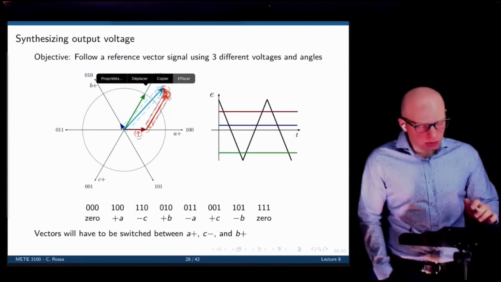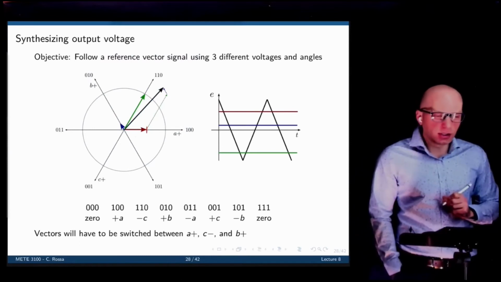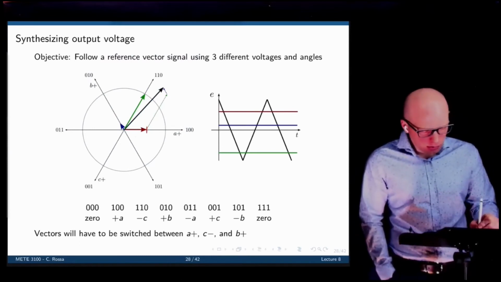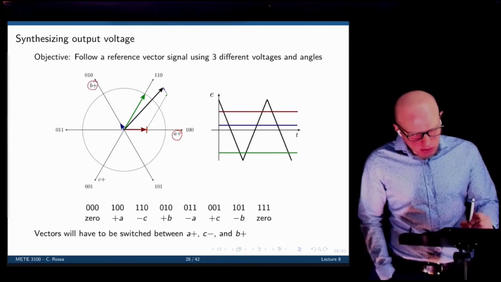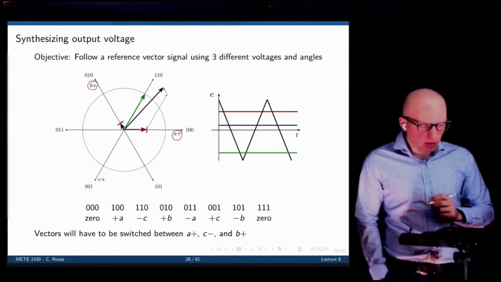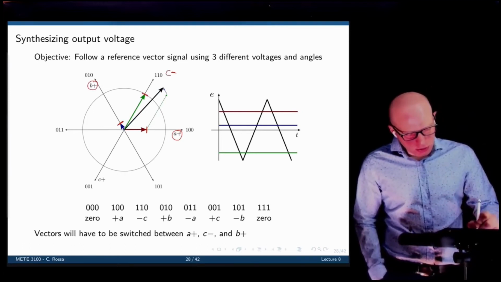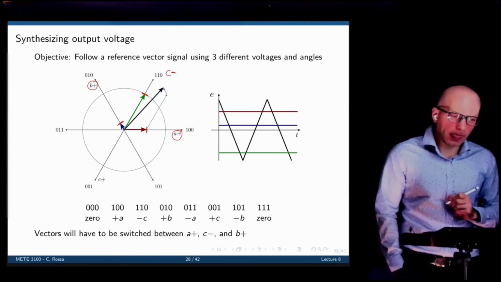What did we use here? We used A plus. This is the magnitude we need in A plus. We used B plus. Here is the magnitude of the vector that we need along B plus. And we used C minus with the magnitude along C minus here.